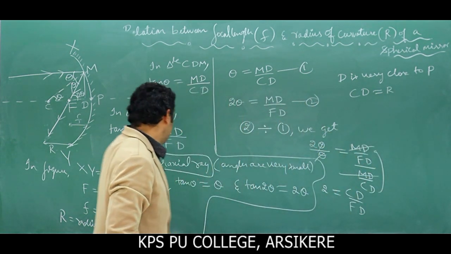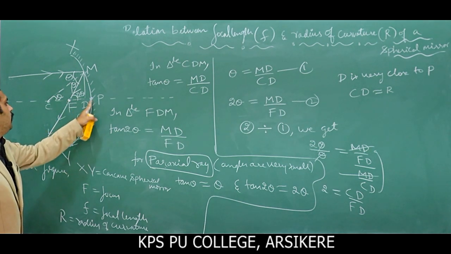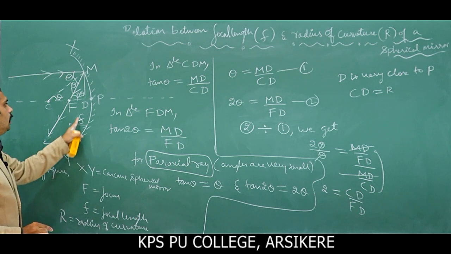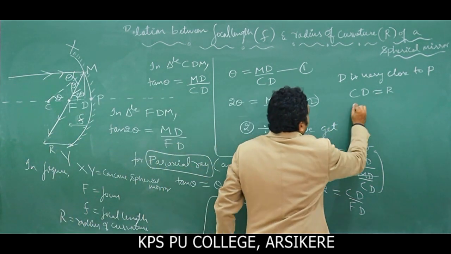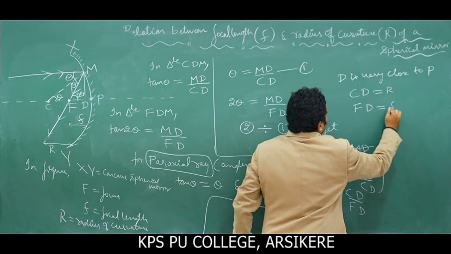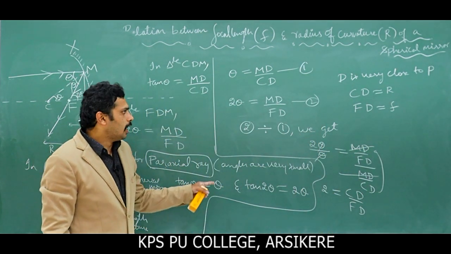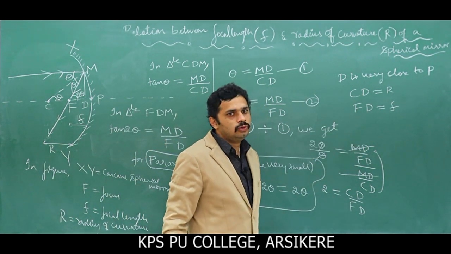Radius of curvature. Now FP is the focal length, but D is very close to P. Therefore, FD is equal to F. What is F? Focal length.